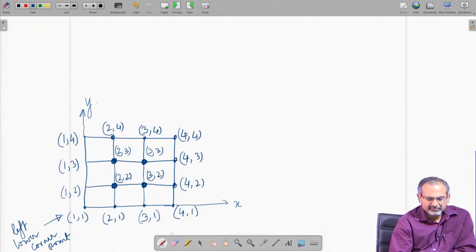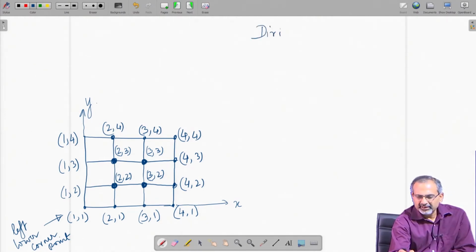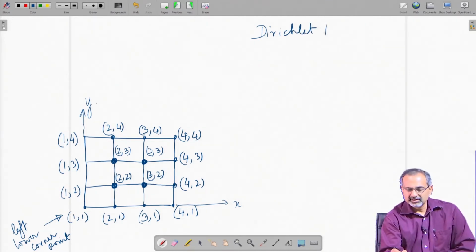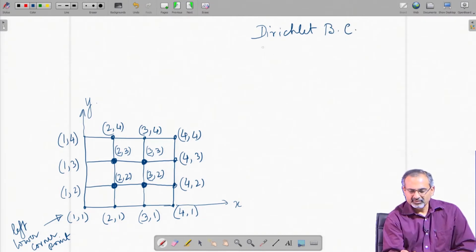So, for putting them, we could actually make use of two different kinds of boundary conditions, which we discussed earlier: Dirichlet boundary conditions or Neumann boundary conditions.